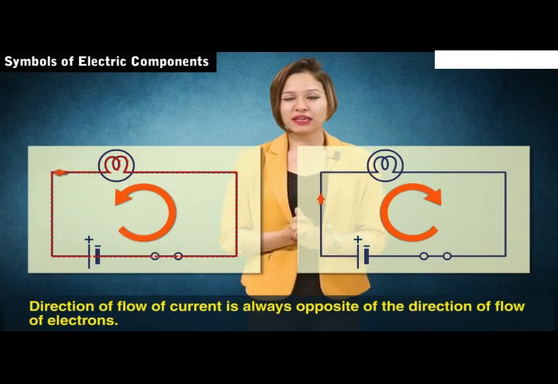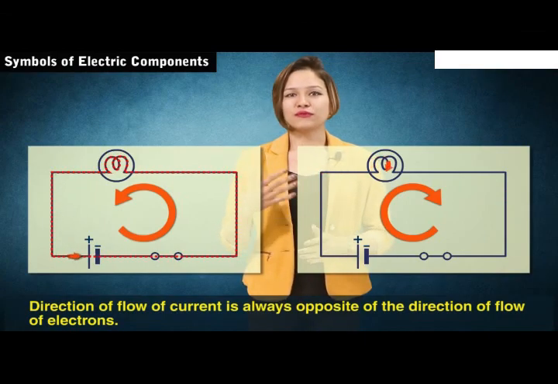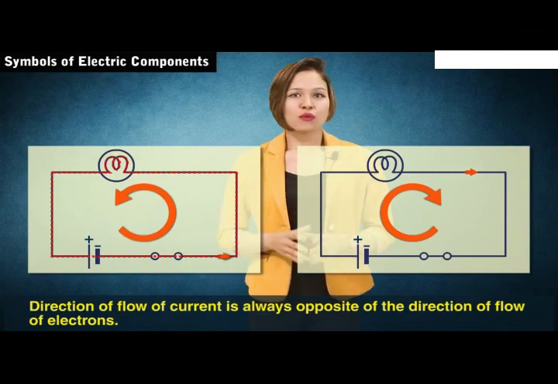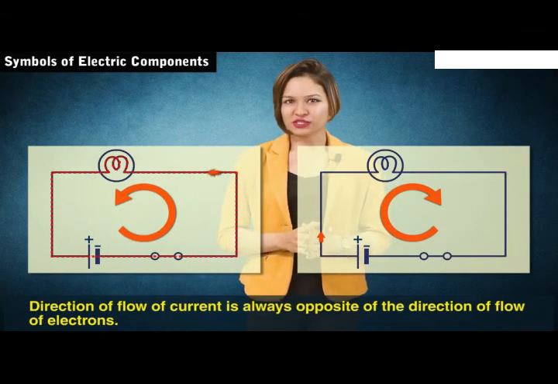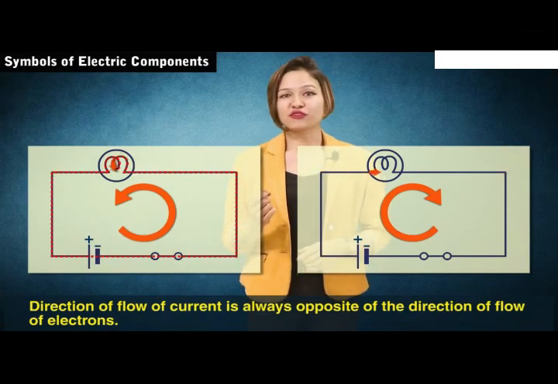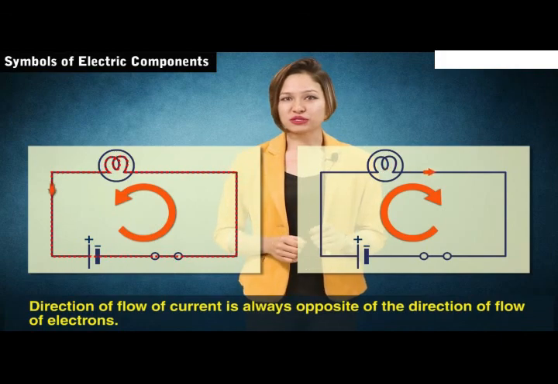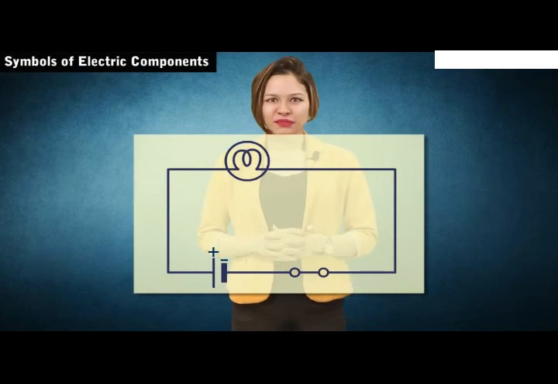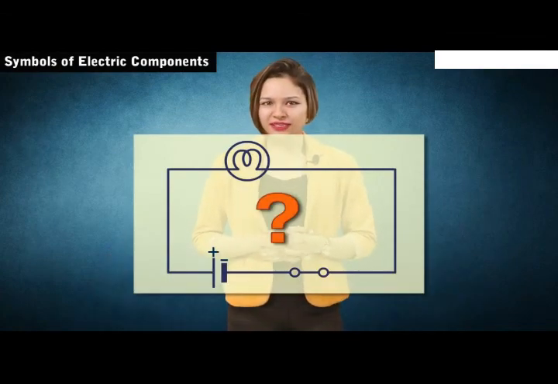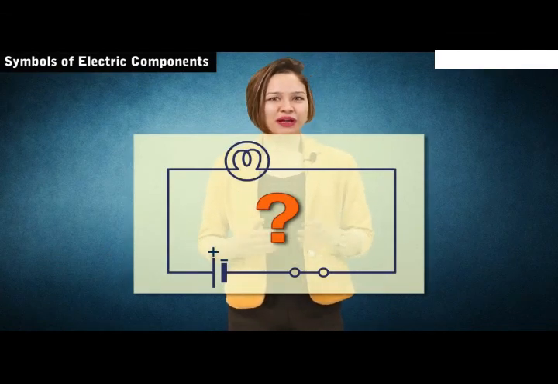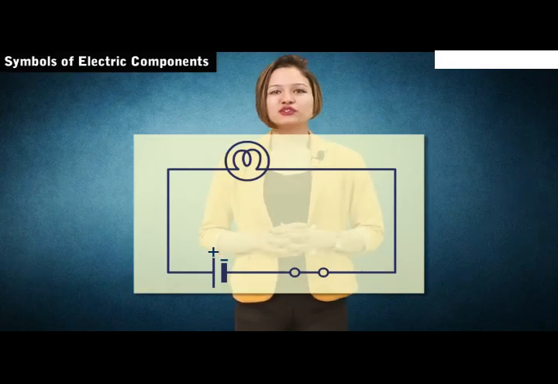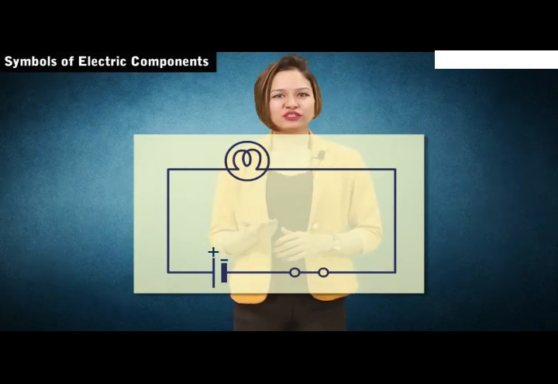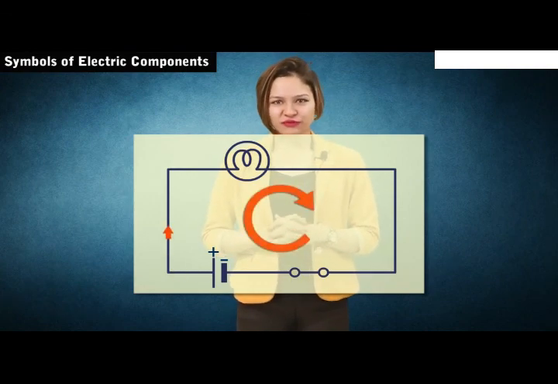Now you might be thinking that when current is the flow of electric charges, which is nothing but the negatively charged electrons, then why is their direction of flow taken as opposite to the direction of flow of electric current? Do you know the reason behind this? Well, it is so because the direction of an electric current is by convention the direction in which a positive charge moves.